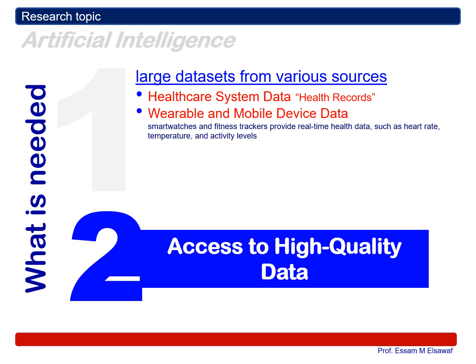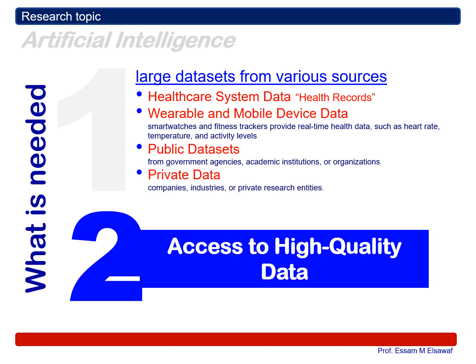I mean small devices we use to provide real-time health data, such as heart rate, temperature, activity levels, or condition of the heart. We can use public data sets from governmental agencies, from academic institutions, organizations, from private data such as companies, industries, or private research entities, from environmental data, and even from social media and web data.